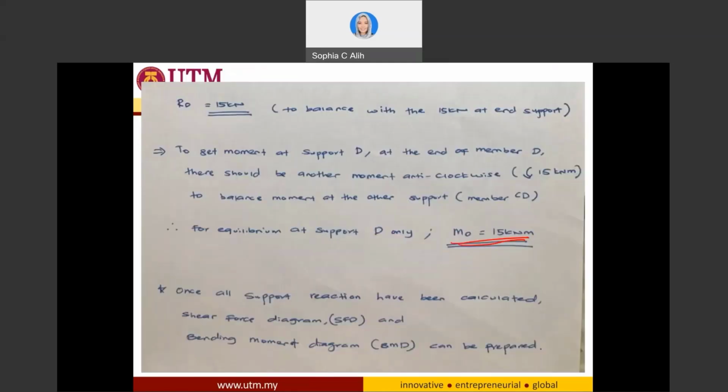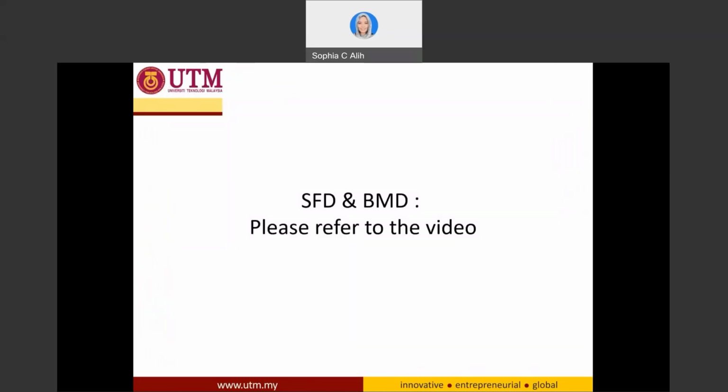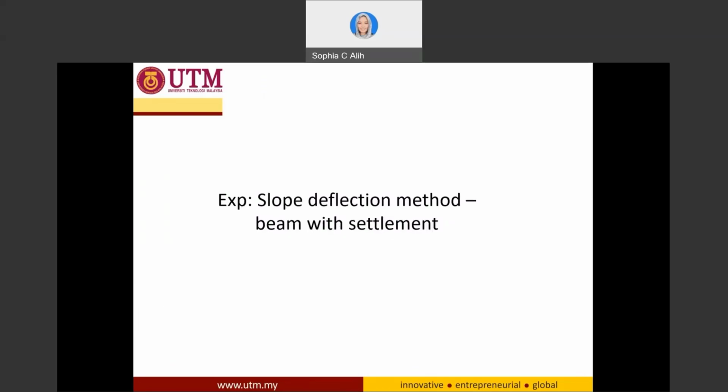Okay, so for the condition of beam without settlement, this is the example of it, and the whole procedure of analyzing it using slope deflection method we have already covered in this session of explanation. Okay, and we will continue in order to see another example.